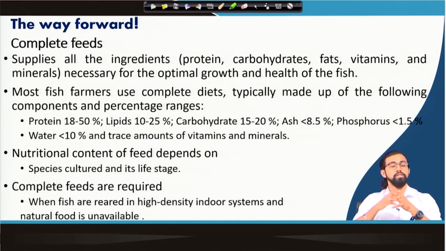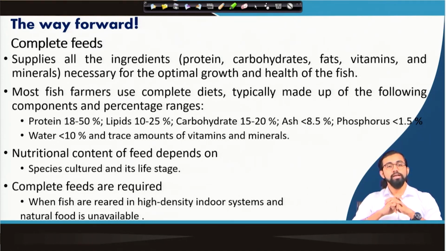The nutritional content of the feed depends on the species you are culturing and its life stage. You're not going to give a fingerling the amount of food that it requires for its adult stage. Most of the feed will go to waste and cause environmental harm, and also a wastage of money.